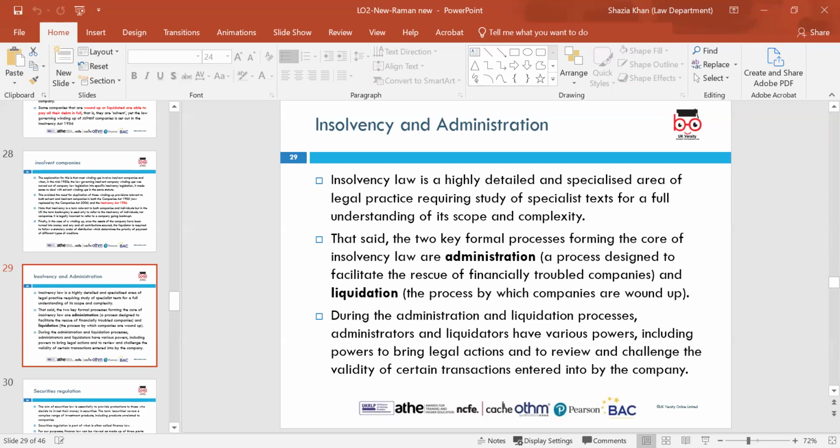The compulsory liquidation process is typically initiated by the creditors of the company through a winding up petition. Liquidation is a specific form of insolvency, one of the formal insolvency processes applicable to companies. There are rescue strategies, but if they cannot be dealt with, the company will go into liquidation and wind up.